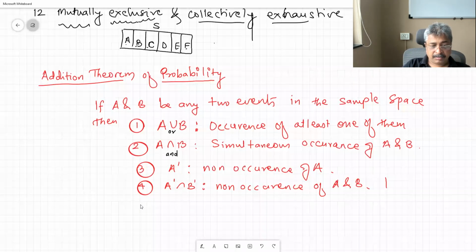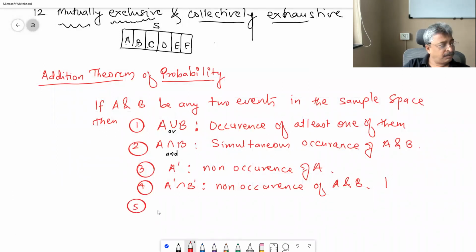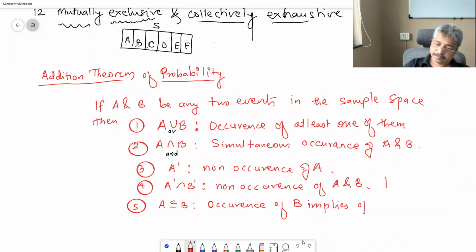And the last one, a little bit confusing, but we should do it. 5. A subset of B: occurrence of B implies occurrence of A. That is the meaning of these 5 terms which we'll have to keep using while doing set theoretic probability calculations.